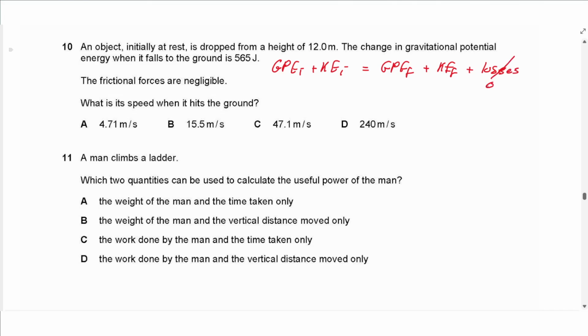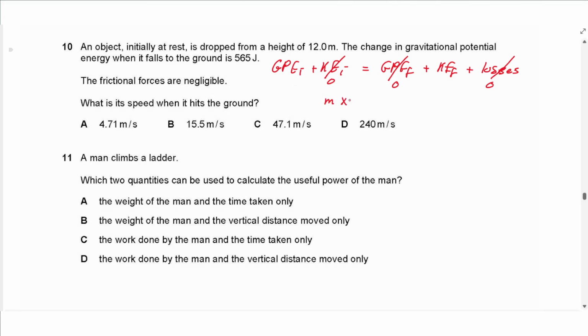And the losses are zero because frictional forces are negligible. The final gravitational potential energy is zero because we reach the ground, so there is no height. And from rest, that means that the initial kinetic energy was zero. So we have the initial gravitational potential energy is equal to the final kinetic energy.